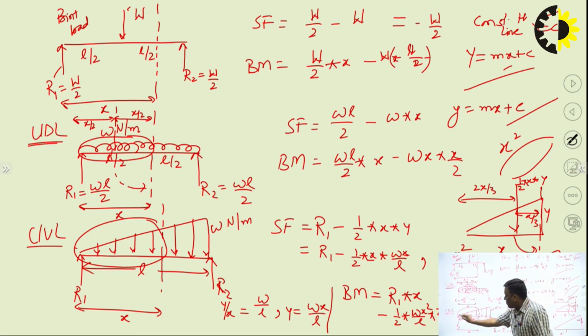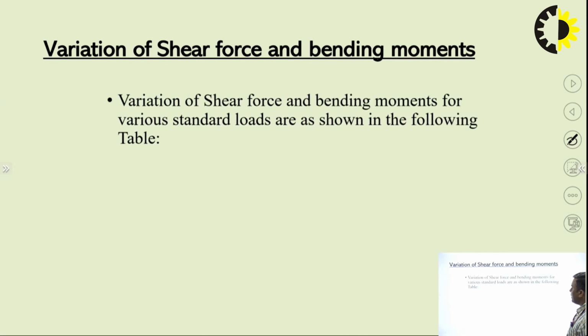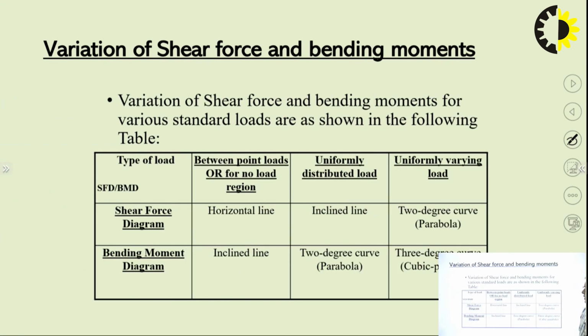In case of uniformly varying load, UVL, shear force is square parabola, and bending moment is cubic parabola. So here you will find variation of shear force and bending moment. It is tabulated here. Type of load, shear force diagram, between point loads or no load condition, it will be a horizontal line. This is the summary. In case of UDL, it will be an inclined line.